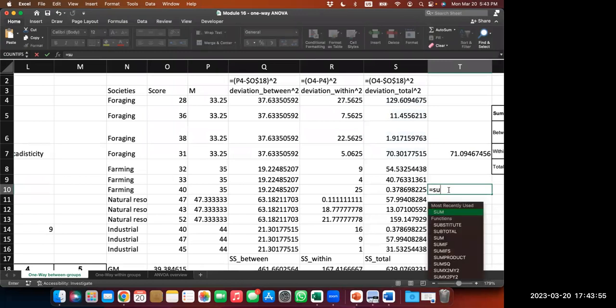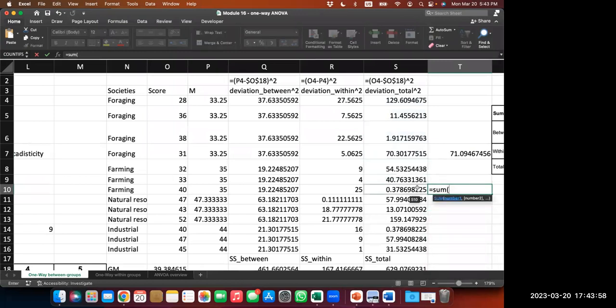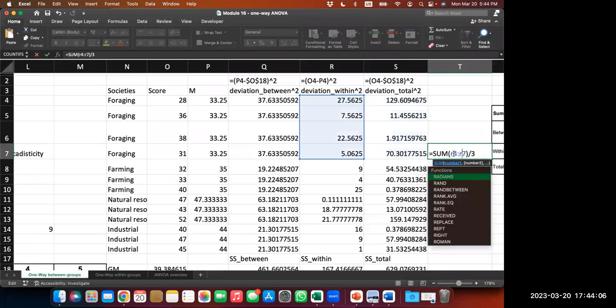So if you do the same thing here, that's the sum of squares divided by 3, yep.